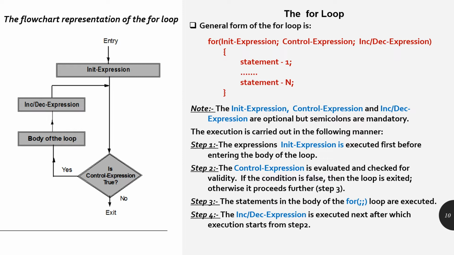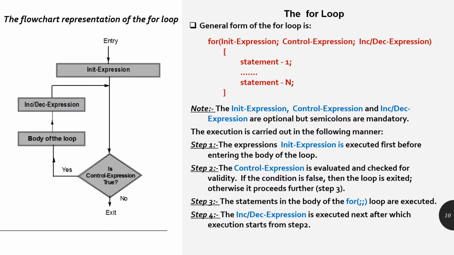First, the initialization expression is executed. Then the control expression is checked whether it is true or not. If it is true, then the body of the loop is executed. After that, the increment or decrement expression is performed.